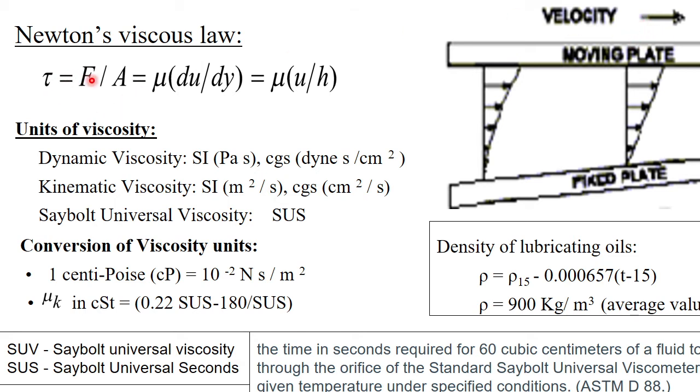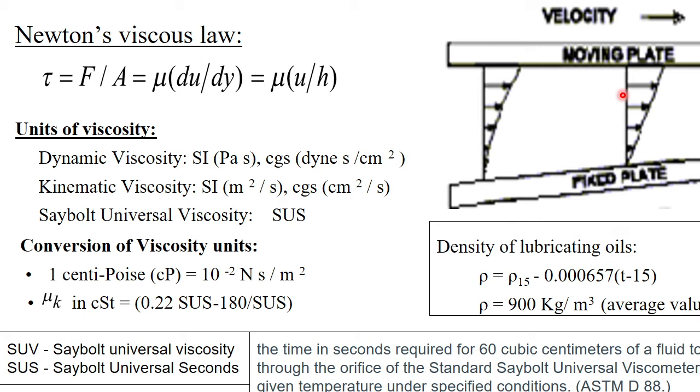If that force is F and the surface area here is A, then shear stress is F by A. Fundamentally, this is equal to a constant which is the viscosity. And according to Newton's law, this du by dy has a linear distribution like this. So we can express this gradient as U by h. U is the net velocity here, h is the film thickness here.